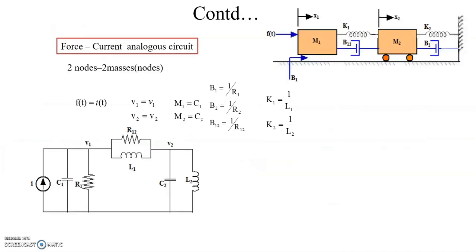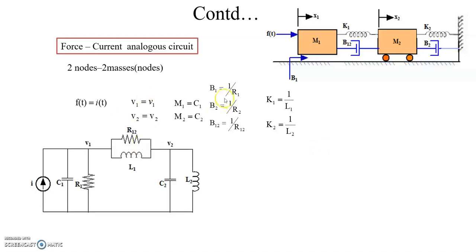Next, the force-current analogous circuit. The system has two nodes, hence the force-current analogous electrical circuit will have two nodes. The force applied to mass M1 is represented as a current source to node 1 in the analogous electrical circuit.